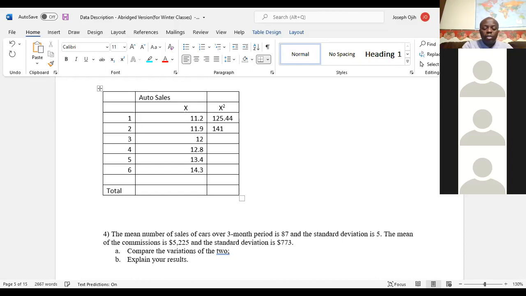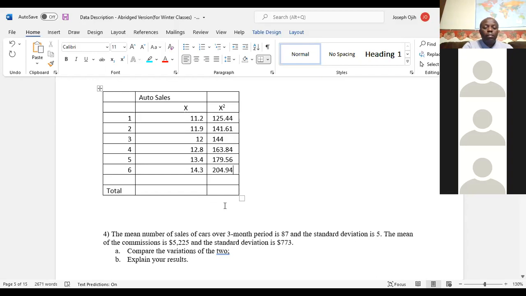So following that method, I got the rest of them in this form: 144, I got 163.84, and I got 179.56. Then I got 204.49. We add all of this.